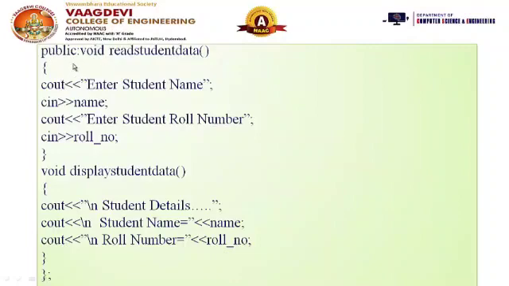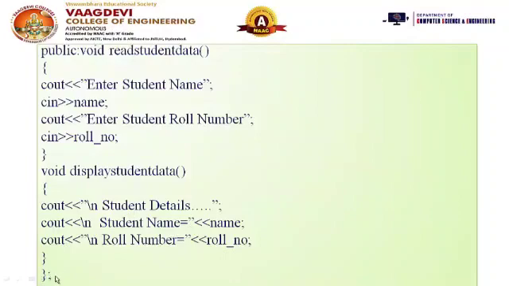These functions can be accessed inside and outside the class. Here I am using the read student data function to initialize values to the variables. And I am using the display student data function to display the values on the monitor. This line indicates the end of the class.